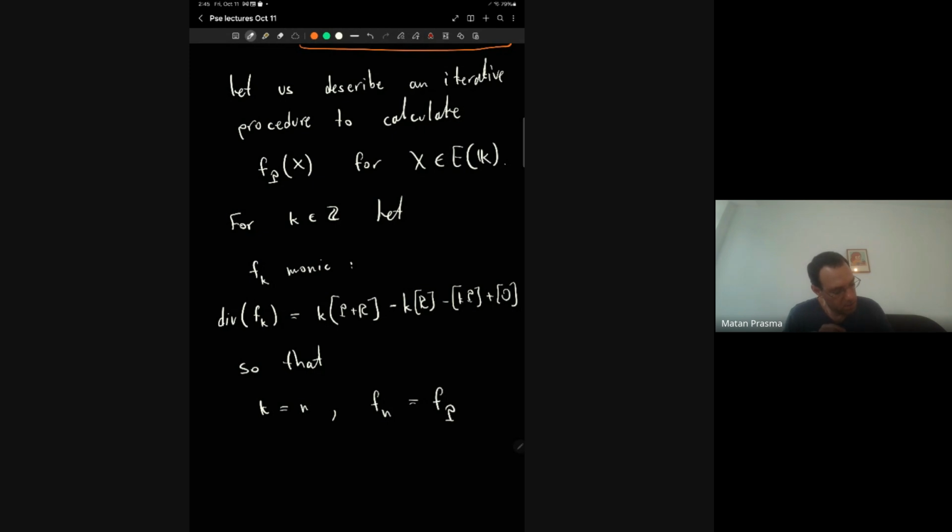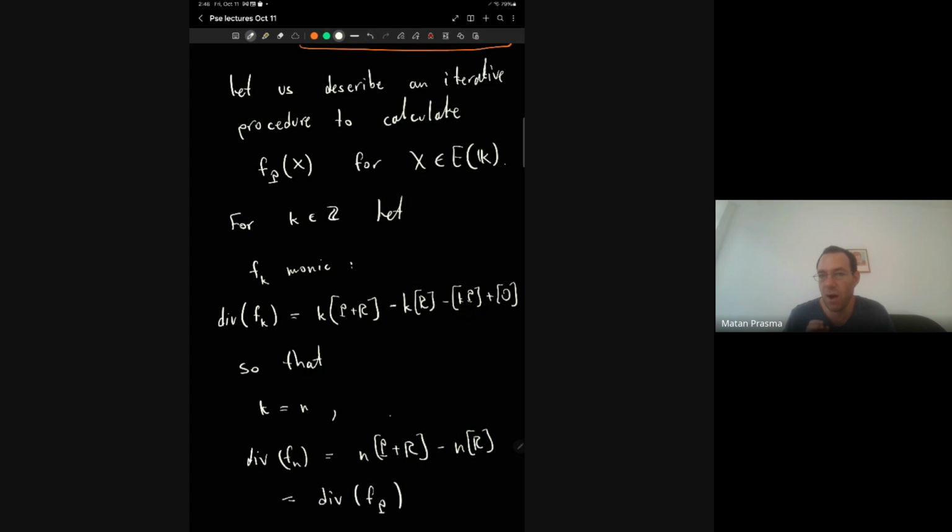Because the divisor of f_n is going to be n[P+R] minus n[R], and these two other terms cancel out because P is an n-torsion point, so nP is going to be O. So the divisor of f_n is equal to the divisor of f_P, and since both are chosen to have leading coefficient 1, they must be equal.